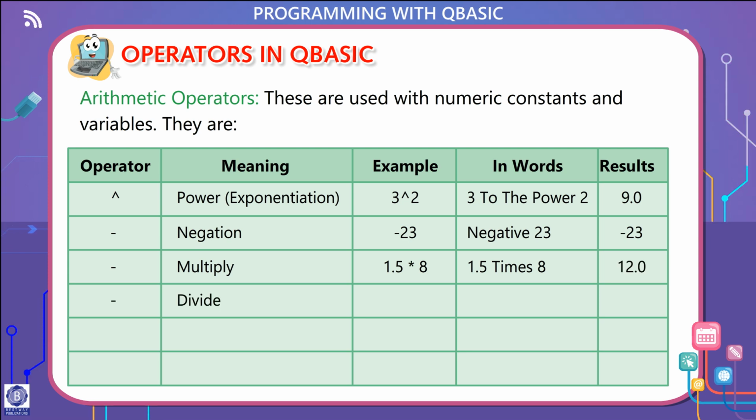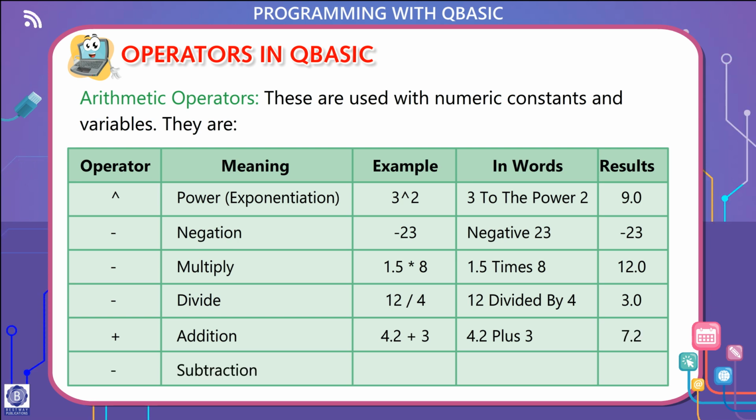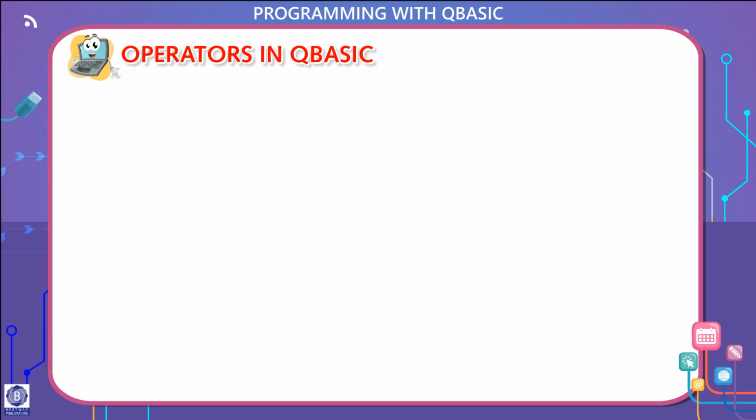Forward slash, divide: 12 divided by 4 is 3.0. Plus, addition: 4.2 plus 3 is 7.2. Dash, subtraction: 9 minus 2 is 7.0.